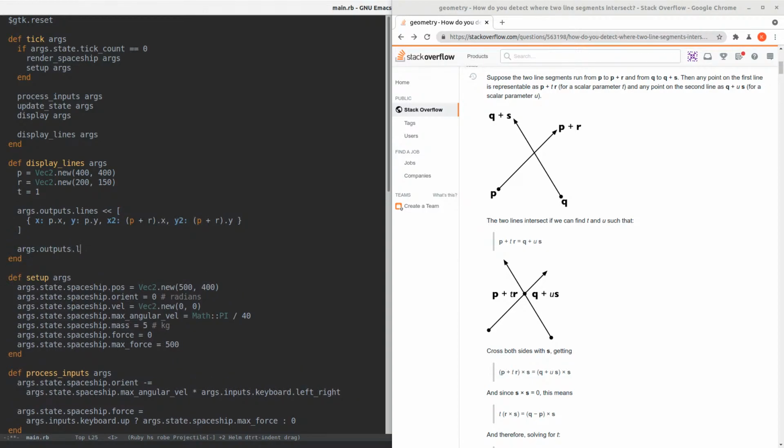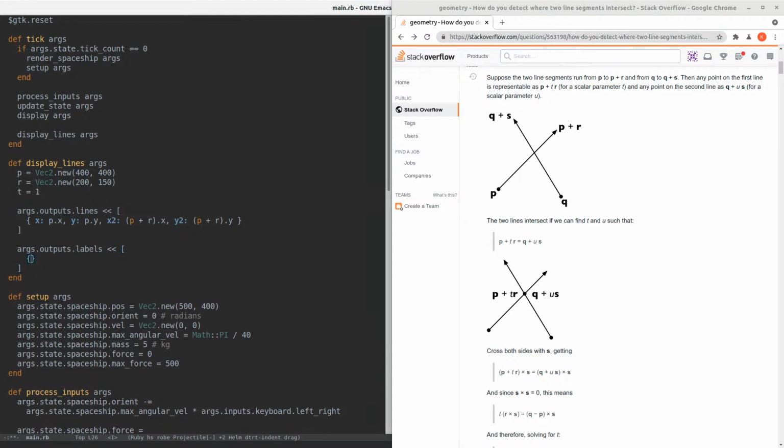We'll put into this some labels so that we can actually see what's going on. p.x, p.y, and we'll have our text be p.